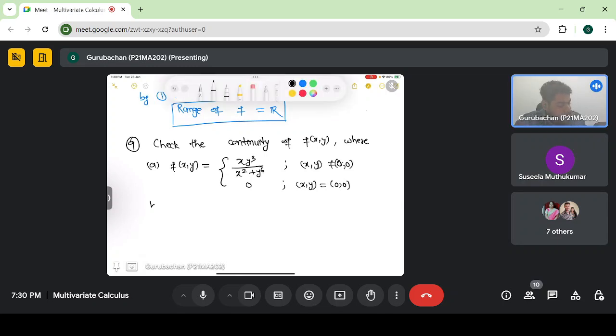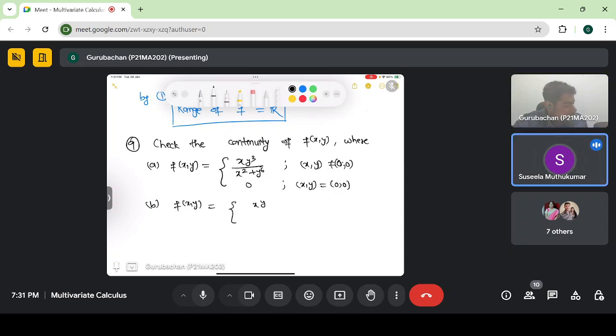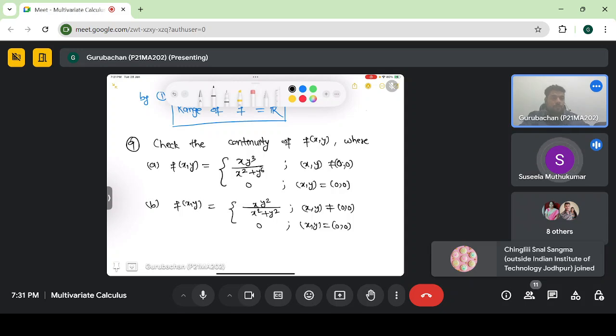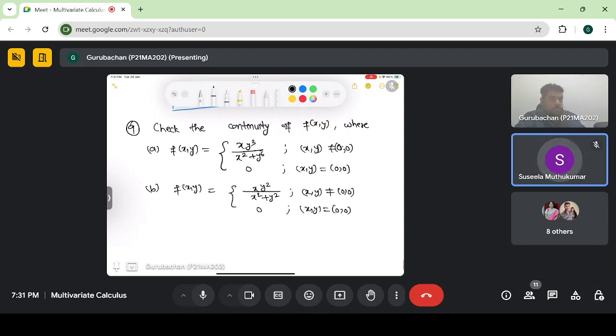Check for this. And another one is f(x, y) equals x y square divided by y square whenever (x, y) is not equal to (0, 0), and 0 whenever (x, y) equals (0, 0). Could you please mute yourself? Muthu Kumar ji, please mute yourself. Thank you.